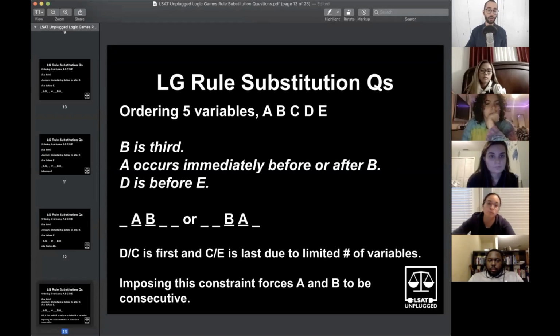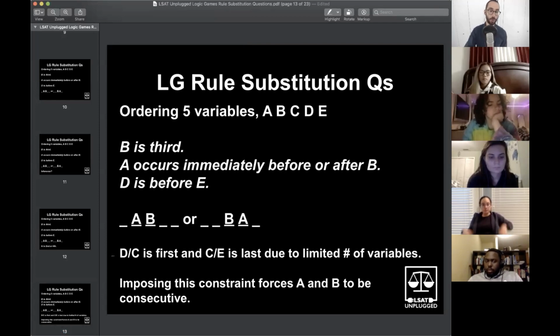Now, some other things you might want to think about, given that D is before E. If D is before E, that means E is never on 1 and D is never on 5 in either scenario. What that means is that you have very limited possibilities for what's happening on slots 1 and 5, no matter what.